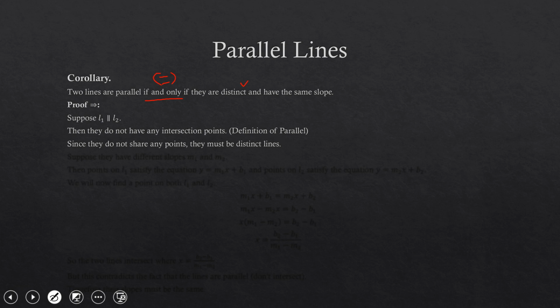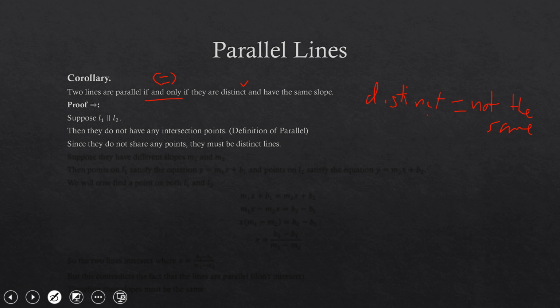They don't have any intersection points, so they are distinct lines. Distinct meaning not the same line. You'll see why this is actually important when we get to the converse later.